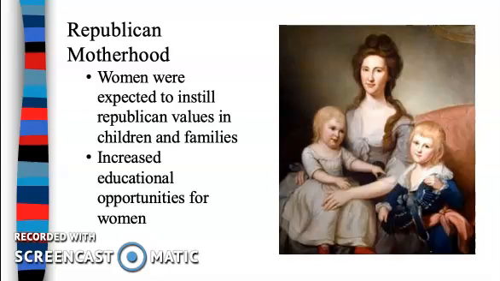We still really have to understand that most Americans at this time are small farmers. And so everybody's role is as a farmer. They may have different roles within that farm and what they're doing, but their economic role is much the same. However, this is a change in the social role of women.